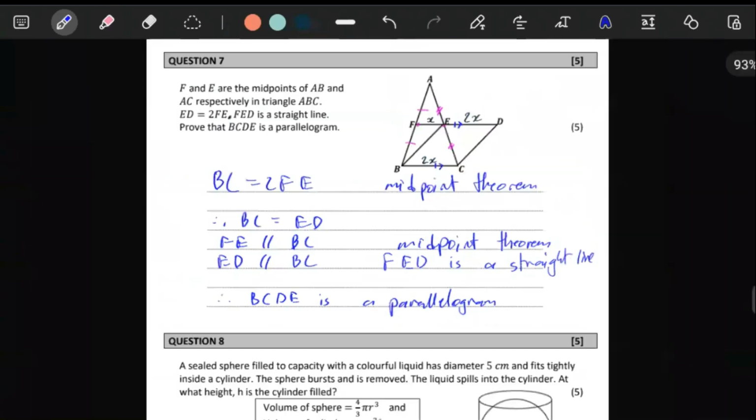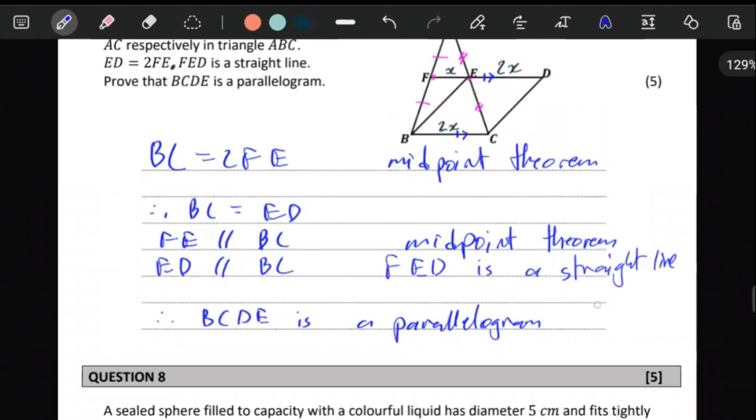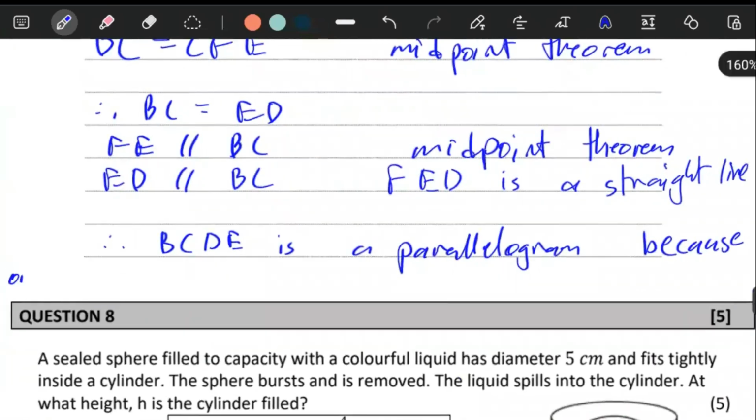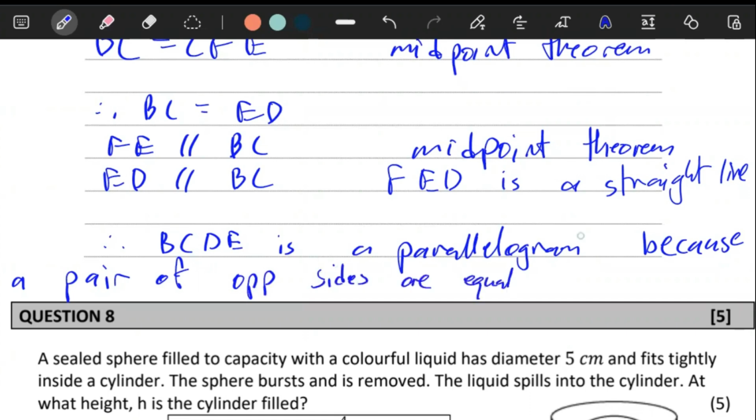You see, it's a parallelogram because a pair of opposite sides are equal and parallel. A pair of sides that are equal and parallel.